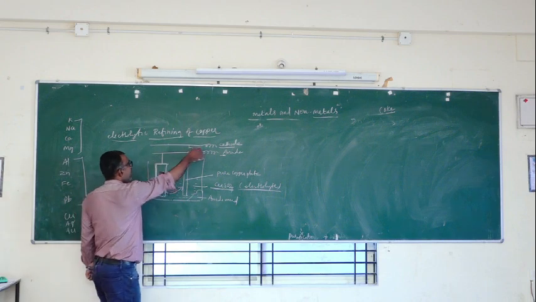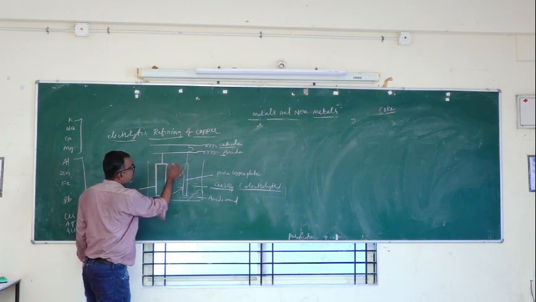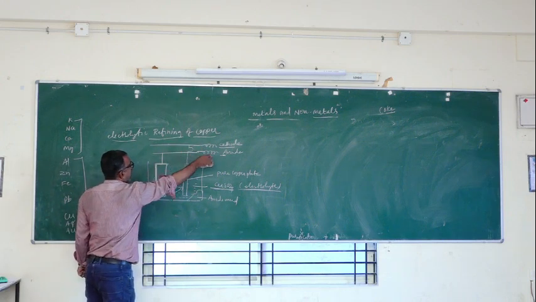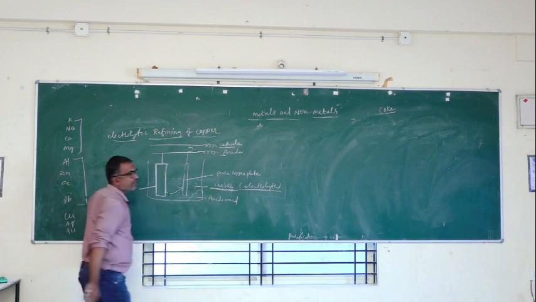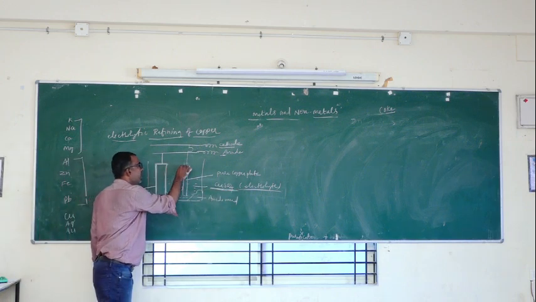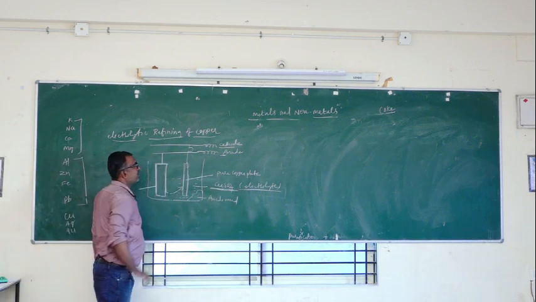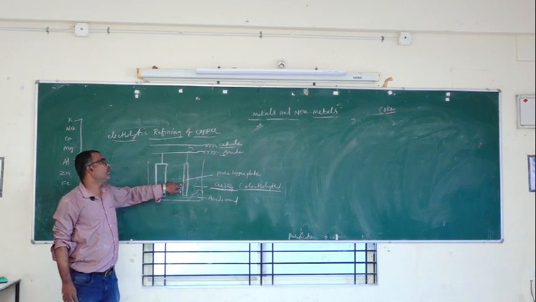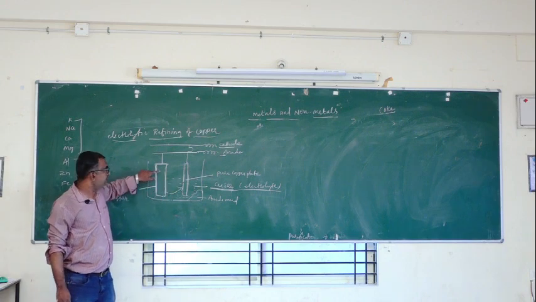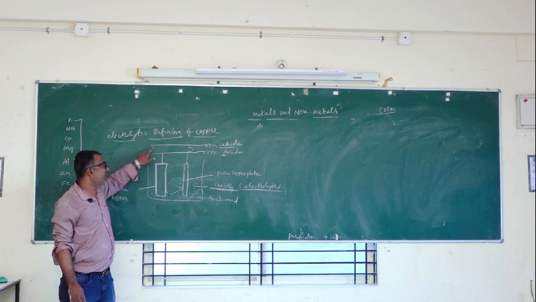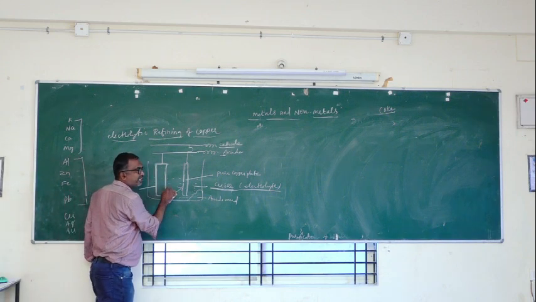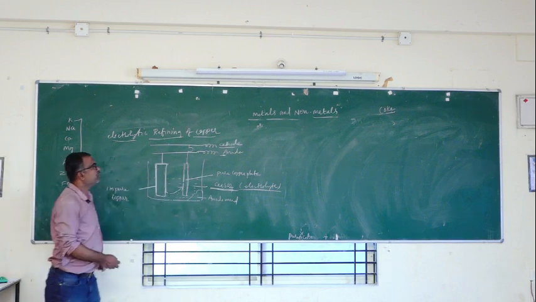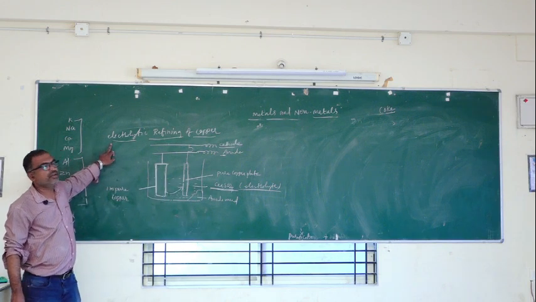So from the anode, the electricity is going to pass from here to here, and it is going to dissolve by using this copper sulfate and be deposited on the cathode. So this is a pure copper plate. In the beginning, it is an impure copper plate. After passing this, its size is going to be reduced and the size of the cathode will increase. So this is electrolytic refining of copper.